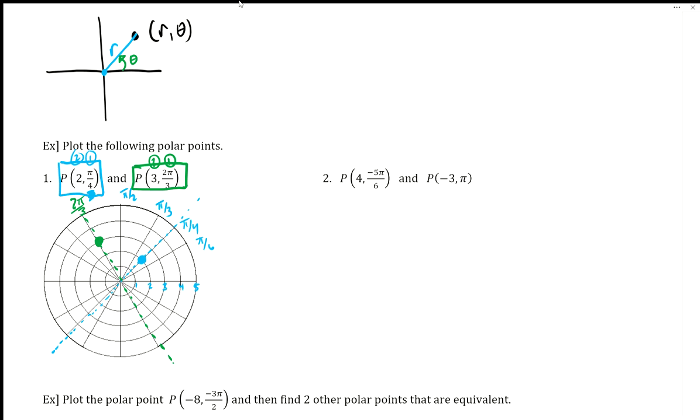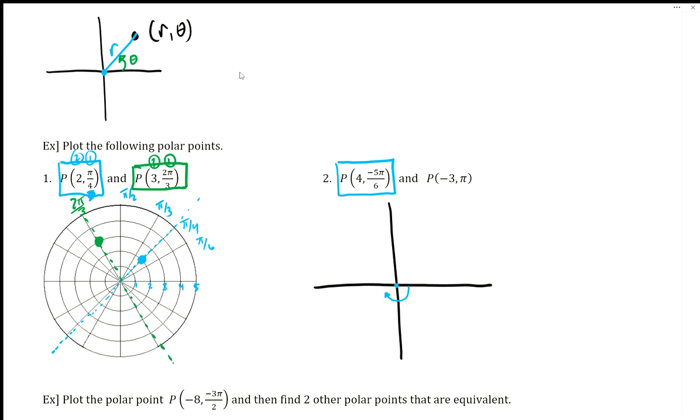All right, so for number 2, this time instead of drawing all those circles, I'm just going to draw a big old horizontal and vertical axis. And we'll plot these. I'm going to do this first one in blue as well. Okay, so negative 5 pi over 6. Let's show it with the little arrow or the little arc like that. So it's a negative angle, so it still follows the same old rules as always when measuring something in standard position.